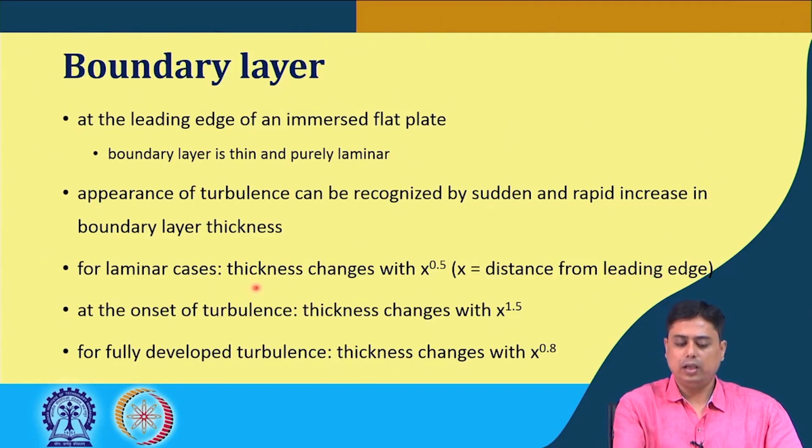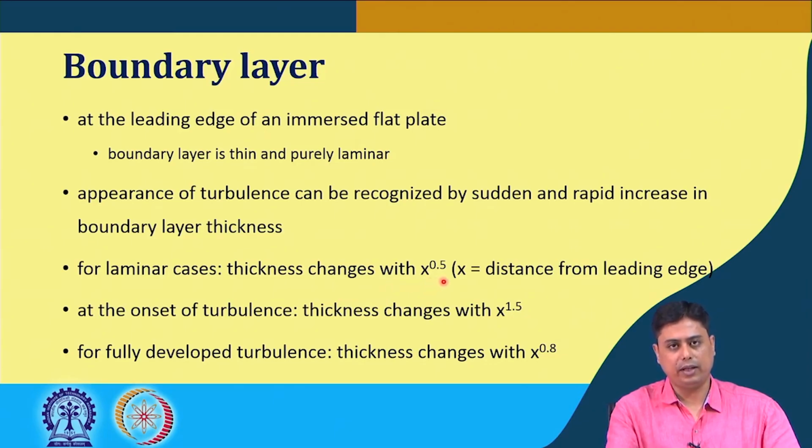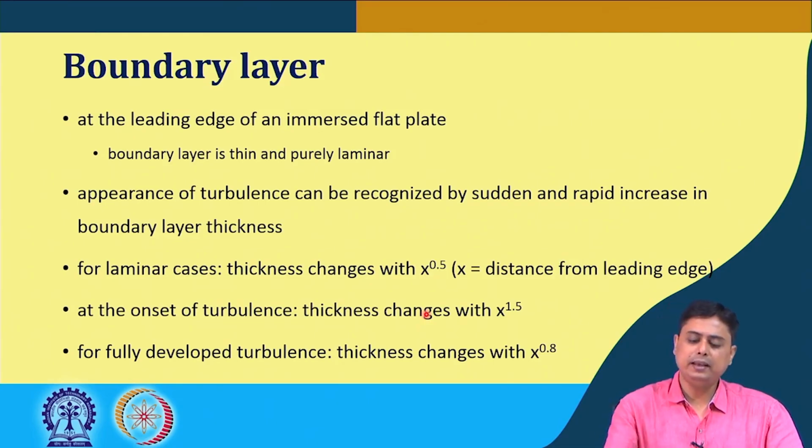So, for the laminar case, the thickness changes with x to the power 0.5, multiplied by certain prefactors, and those relations were suggested by several researchers from their experiments, but typically it varies by this factor.